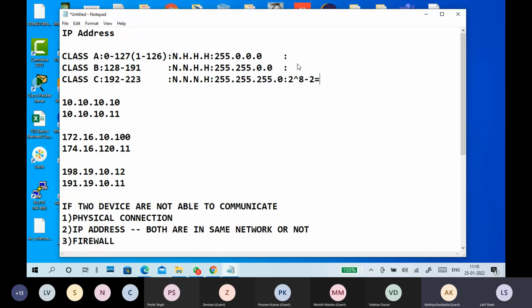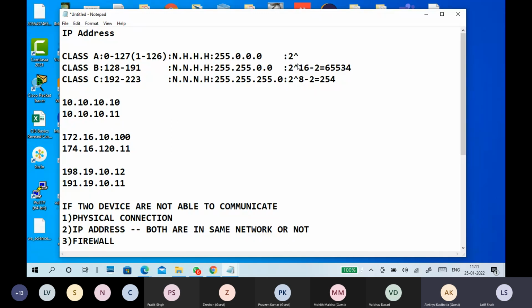One network ID and one broadcast ID we don't assign to clients, so obviously minus 2. We'll get 254. For class B it is 2 to the power of 16 minus 2, because two host portions are two 8 bits, so totally 16. That gives 65,534 hosts per network.